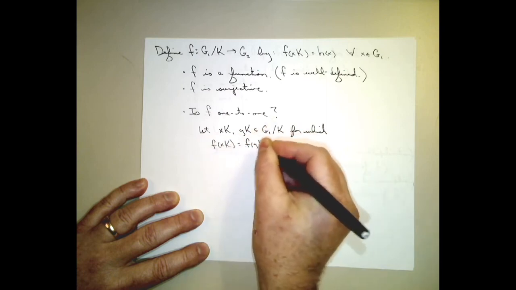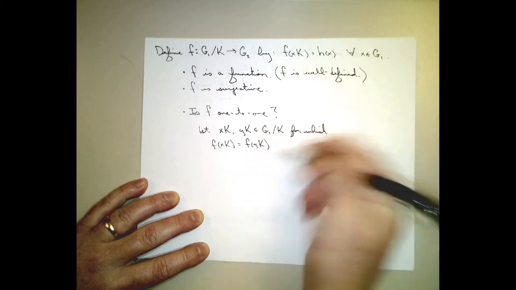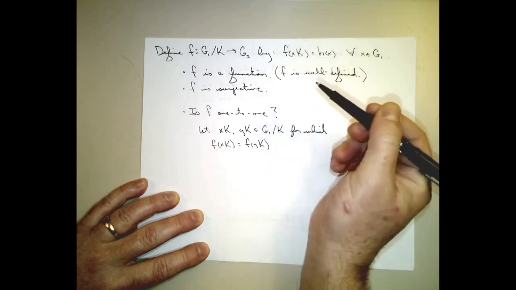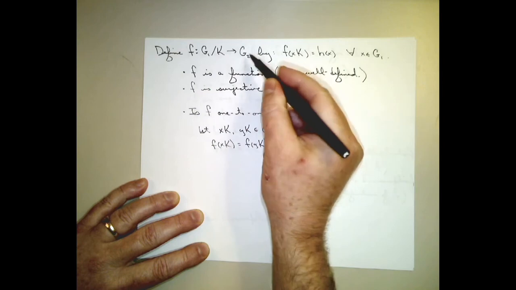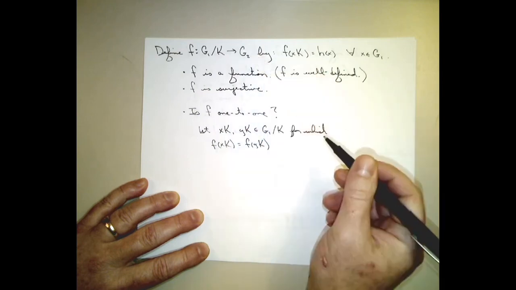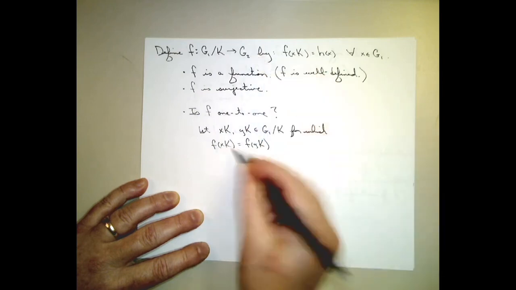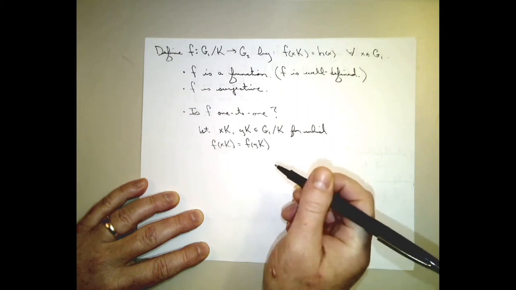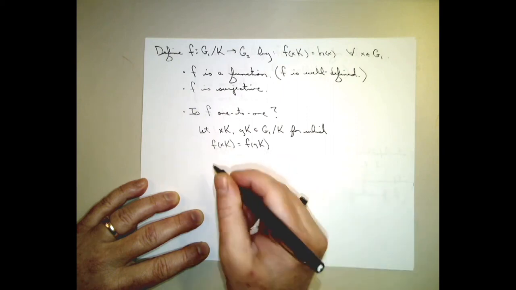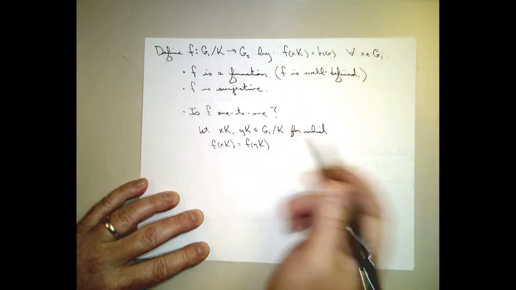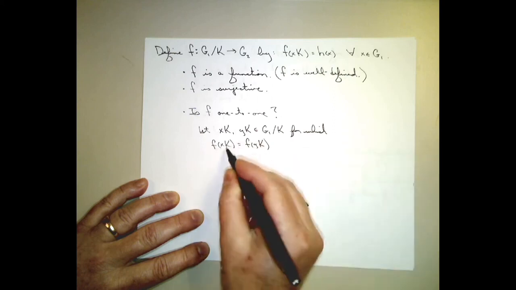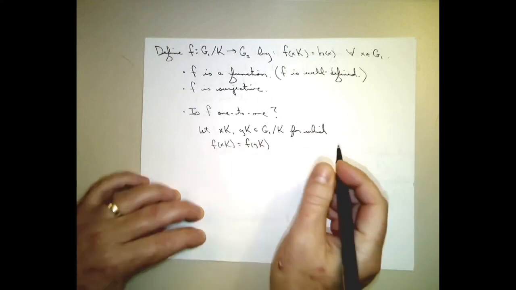This is a way of saying let's take one element of G2, and we're going to show that we can't have two different elements mapping to it, by showing that xK and yK actually have to be the same coset.